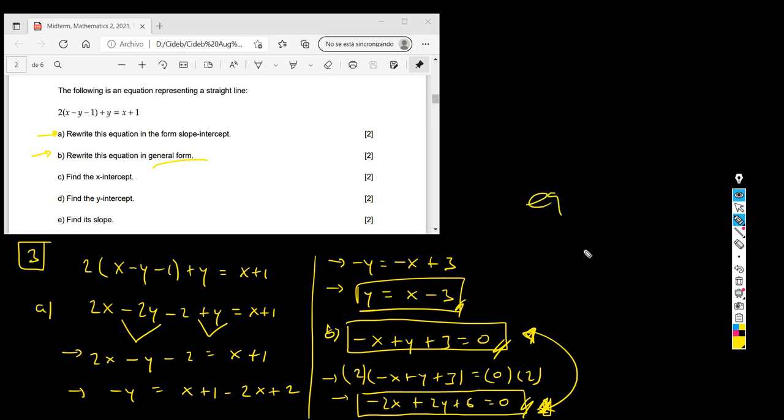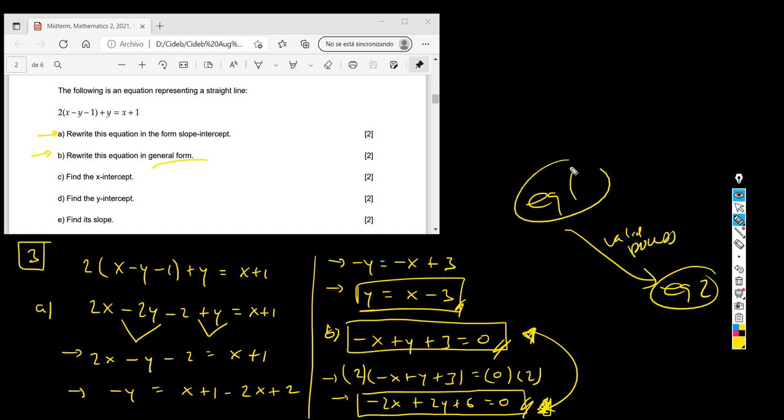When you get an equation 2 by means of a valid process from an equation 1, equation 1 gives birth to an equation 2, so to speak. These two equations are the same, mathematically speaking.